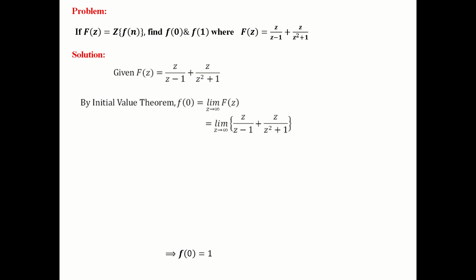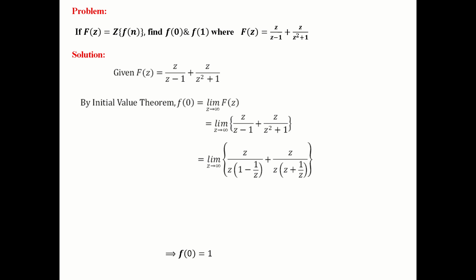So replacing F of z by z by z minus 1 plus z by z square plus 1, this is equal to limit z tends to infinity. Taking z outside in the first term, you will get z into 1 minus 1 by z, because when you remove that z, first term 1 into z, second term z into 1 by z, you will get 1.